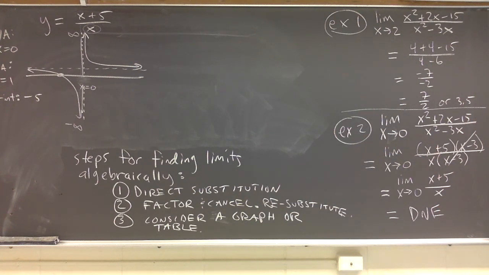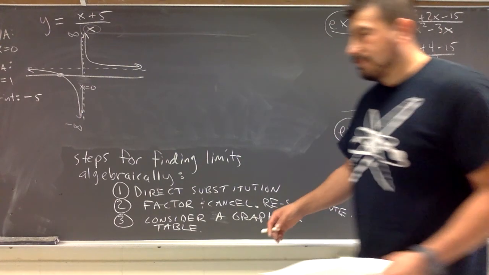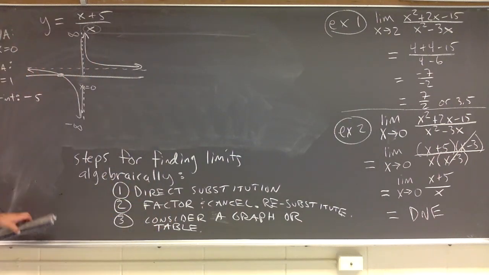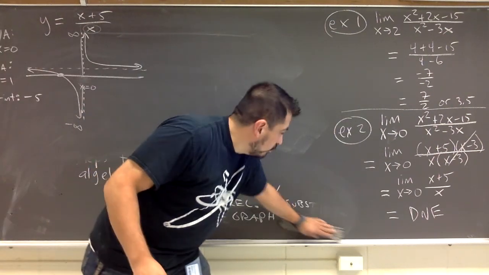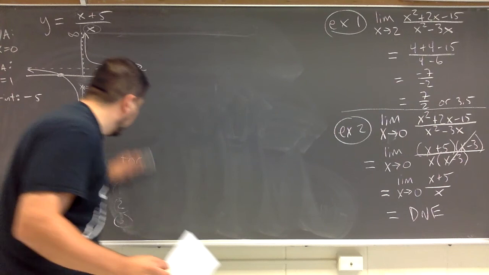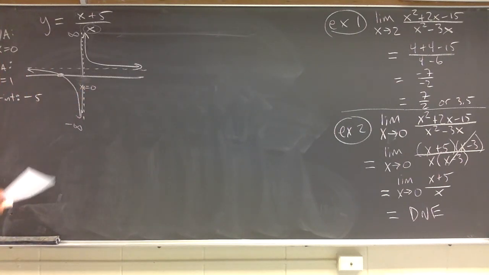So that one was a little bit more involved because you had to think about things in a couple of different ways. All right. Let's do one more limit example with manipulation here. If you kind of understand what's going on, you probably could guess what the other one is going to be.